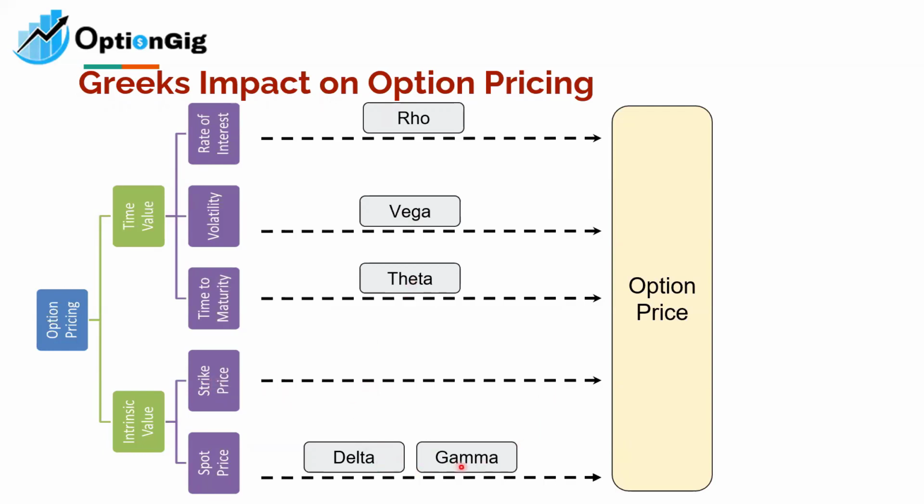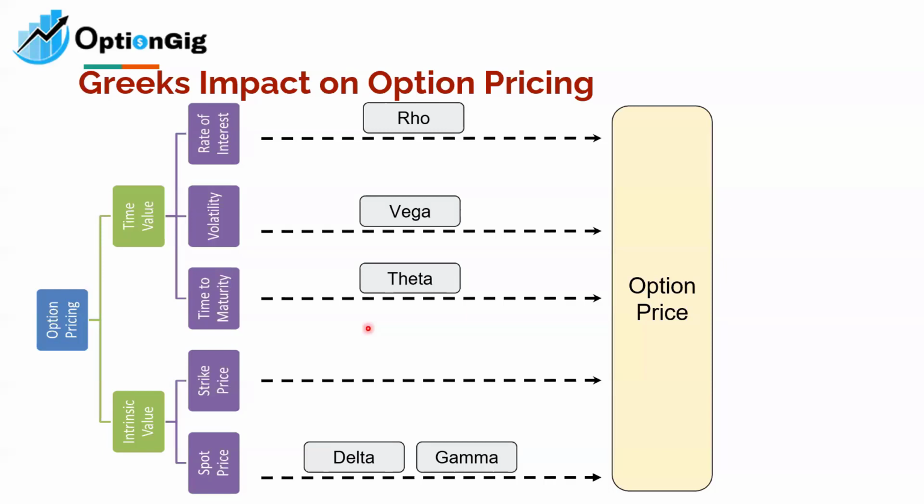If you understand each of these values, you can figure out, sitting right now, how the option pricing will change in future. In practical life, you don't have to do it. Your trading platform should be able to do that for you, trying to predict those scenarios. But this is how they do it.